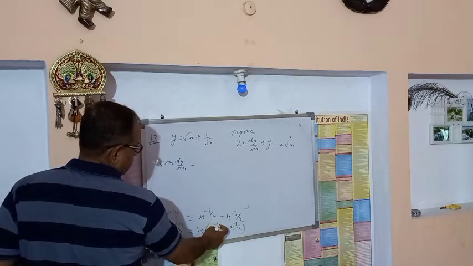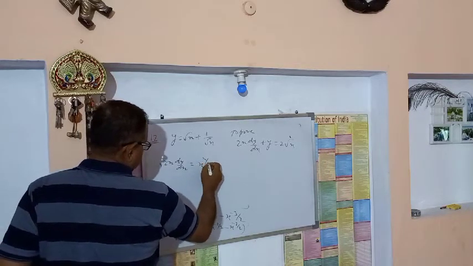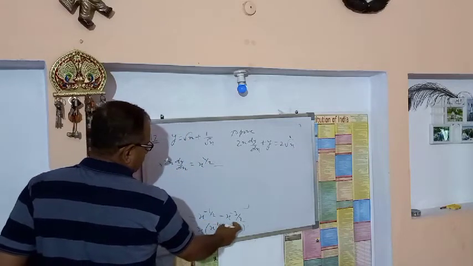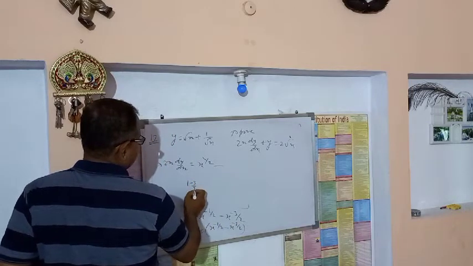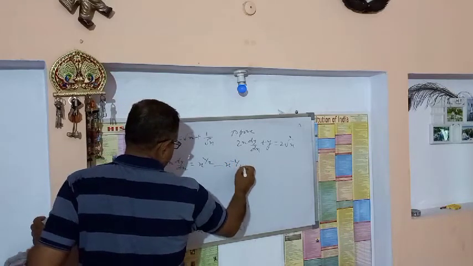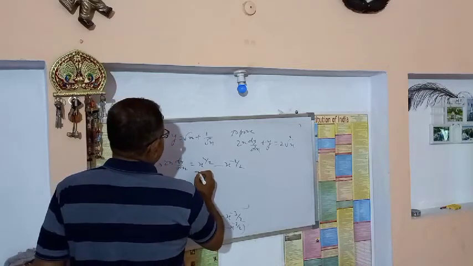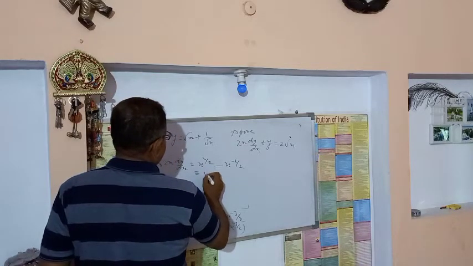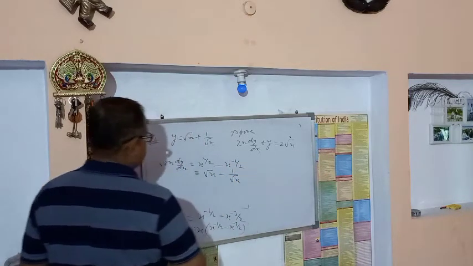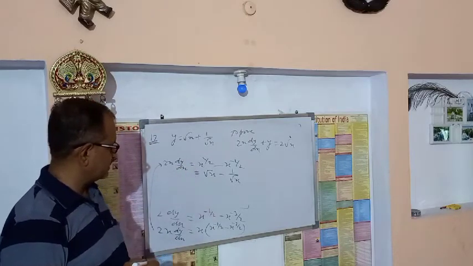Here power is 1, here minus 1 by 2. So 1 minus 1 by 2 means x to the power 1 by 2. Minus, here power is 1, here minus 3 by 2. So 1 minus 3 by 2 is minus 1 by 2. It can be written root x minus, take it downside, 1 by root x. So this is the value of 2x dy by dx.